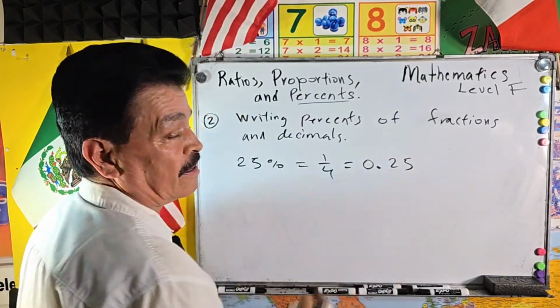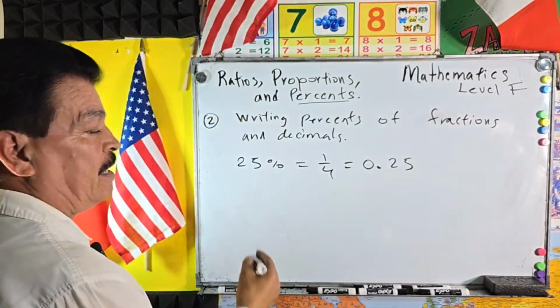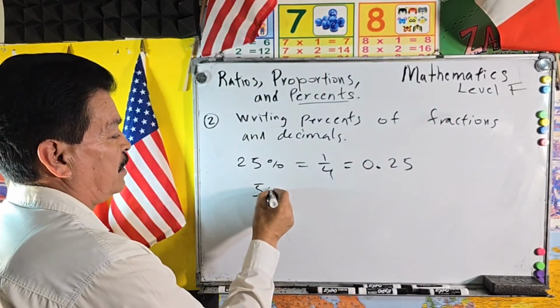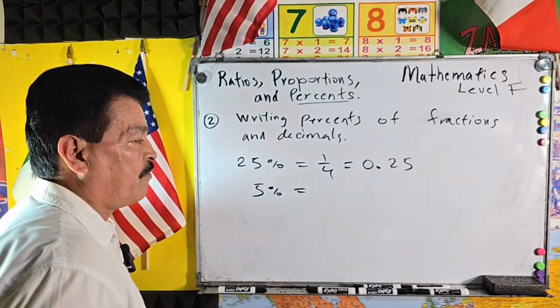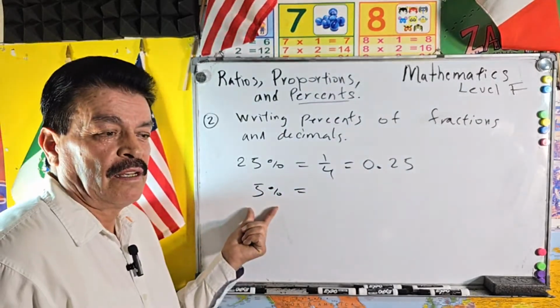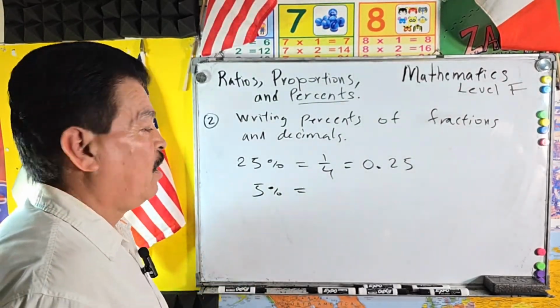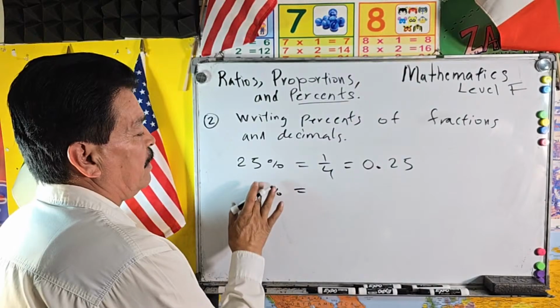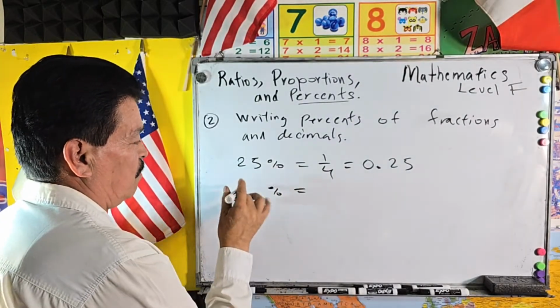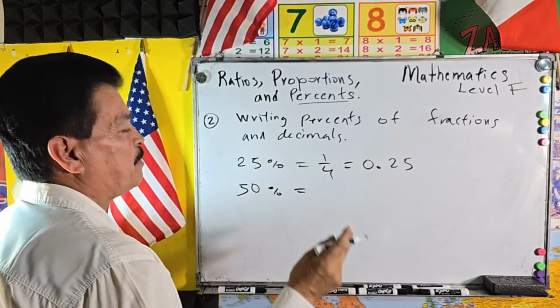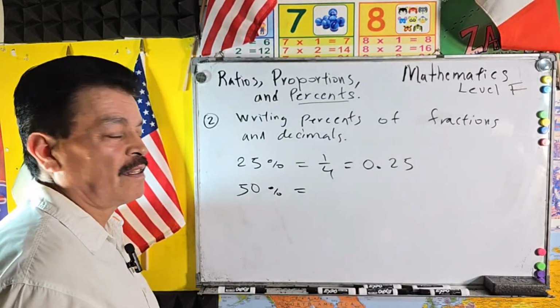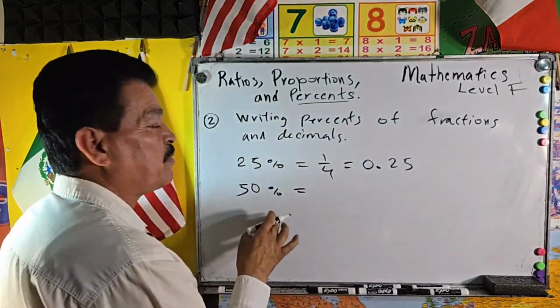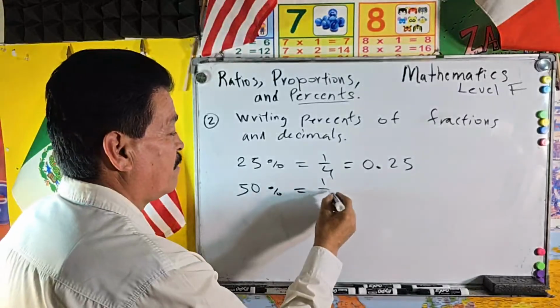Decimals and hundredths. Okay. Let me write another. Which fraction is equal to 5%? Let me make it easier: 50%. 50% is 1/2.